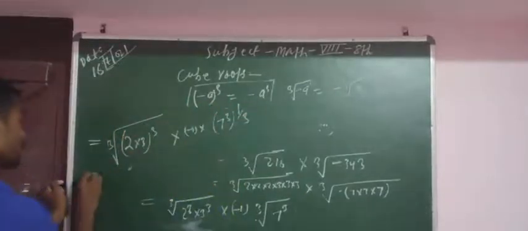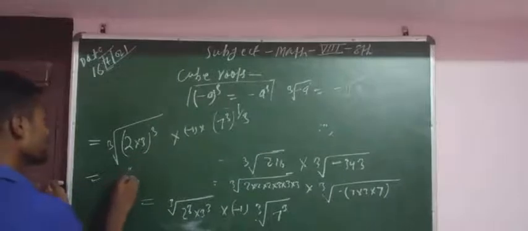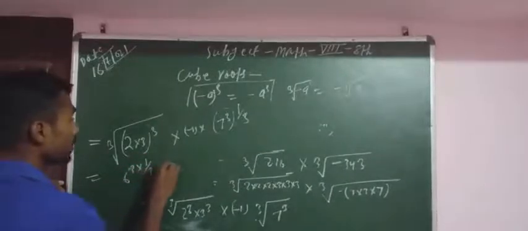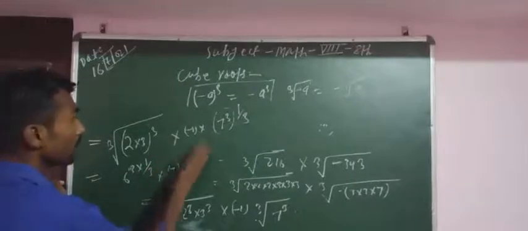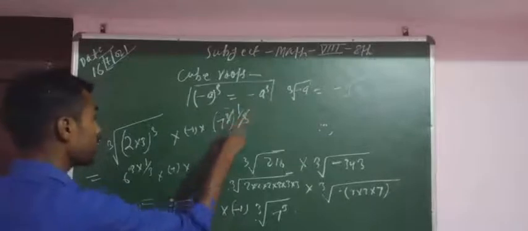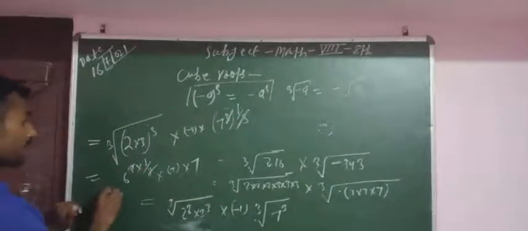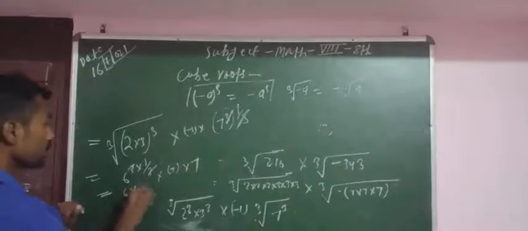So finally we have 3 into 6, so 6 to the power 3 into 1 by 3, minus 1 into 7 to the power 3 into 1 by 3. The 3 and 1 by 3 cancel. So that means 6 into minus 7.